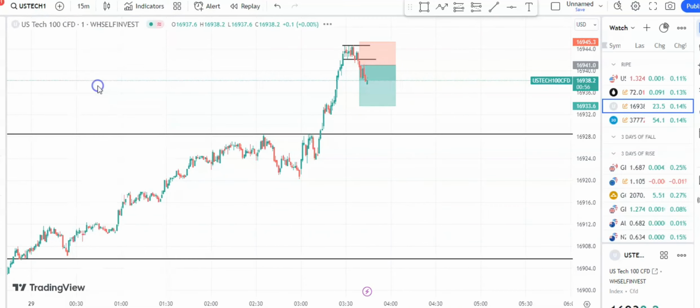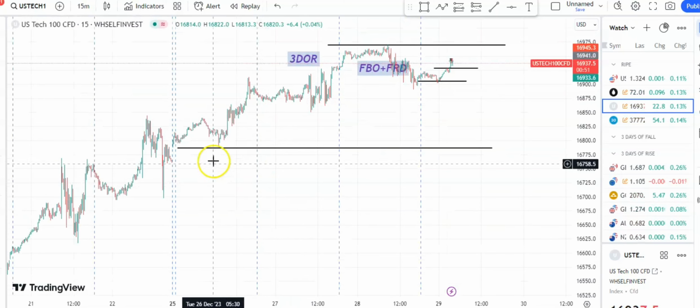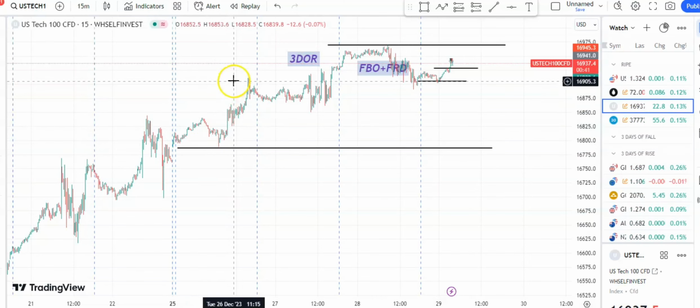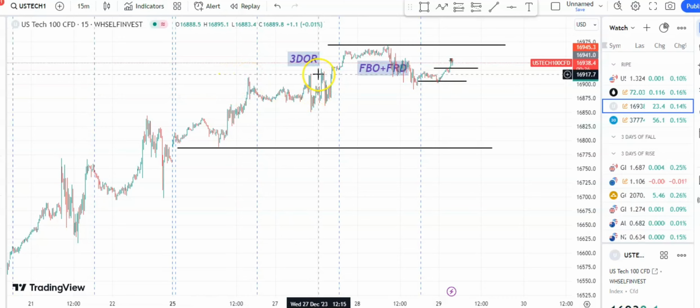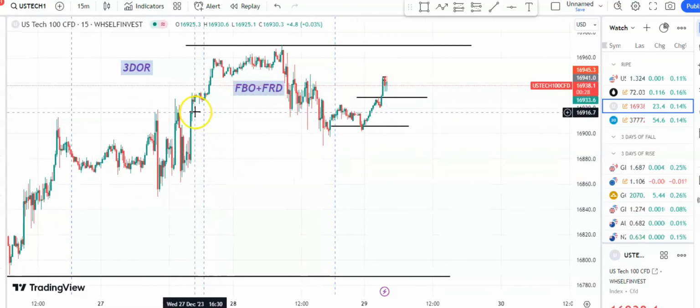So if we look at the 15-minute time frame, we see that we have 3 days of rise. On Monday, we did not have any price action, so the week started on Tuesday. Tuesday we have our high of the week, and then on Wednesday and on Thursday. Now 3 days of rise, and then yesterday we had this failed breakout.